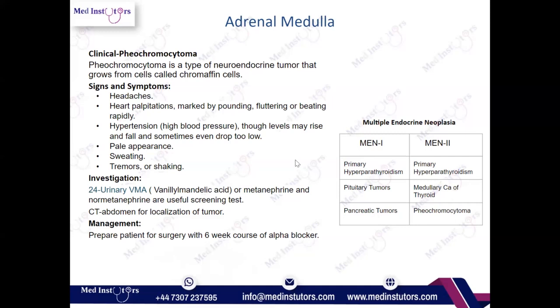Another SBA which is asked in the recalls is about pheochromocytoma: it is a part of which multiple endocrine neoplasia? Please look at this table and give me the answer. Pheochromocytoma is a part of which multiple endocrine neoplasia, 1 or 2?